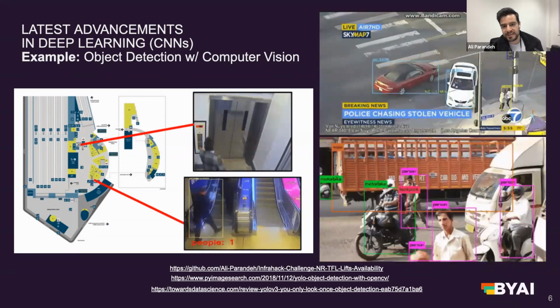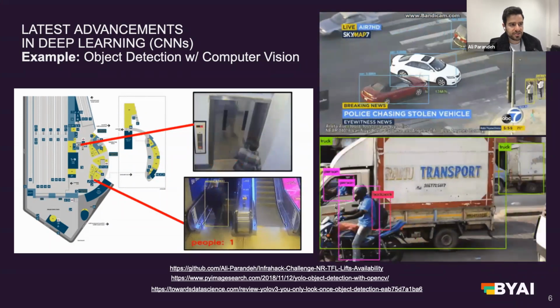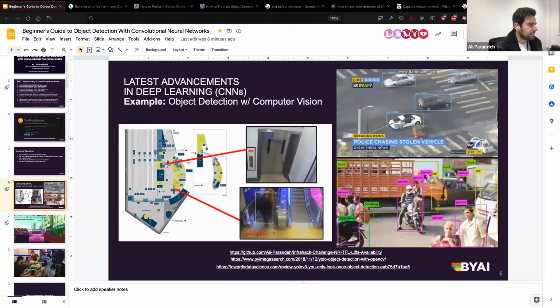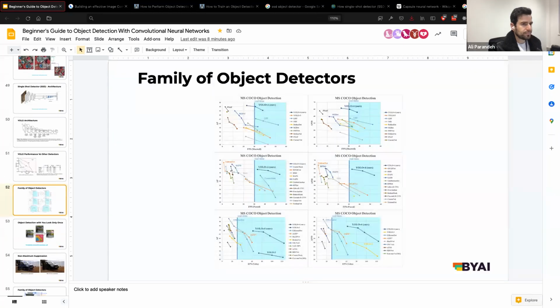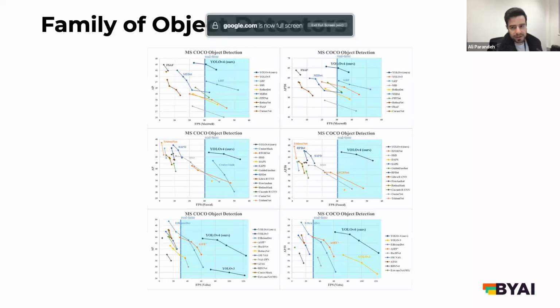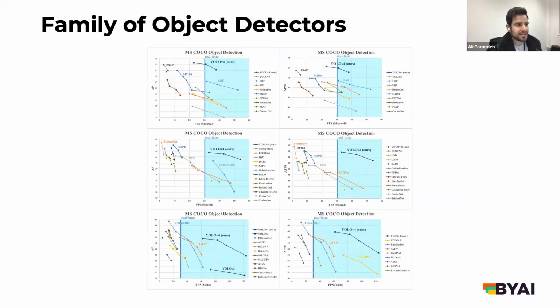You can use a single-stage object detector. These object detectors are really performant, in particular the YOLO models. YOLO, You Only Look Once, can actually detect objects in real time.